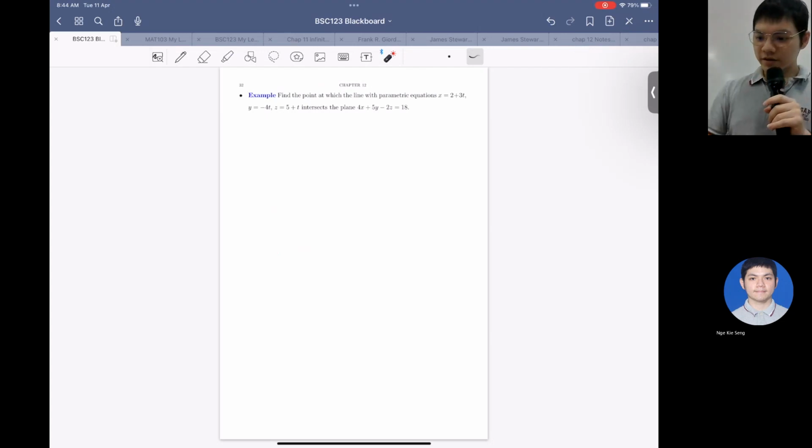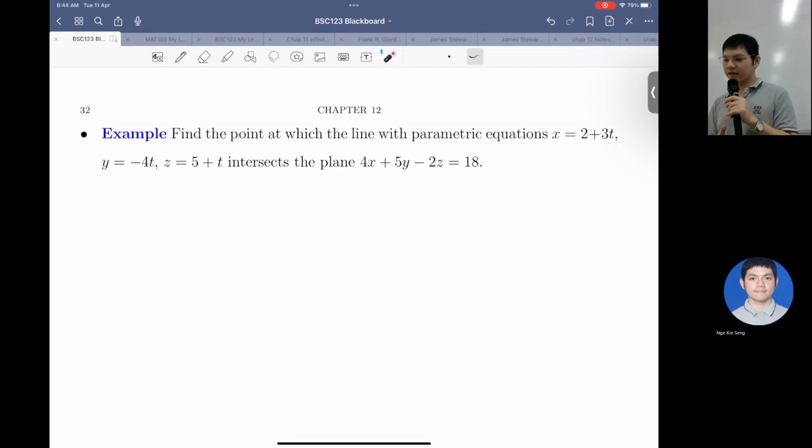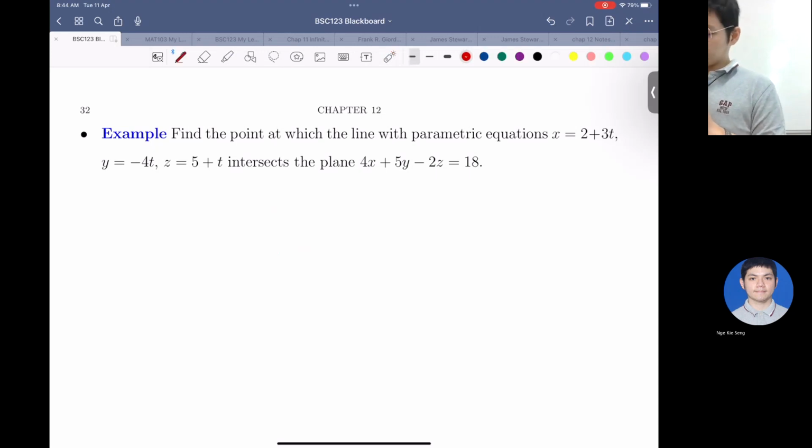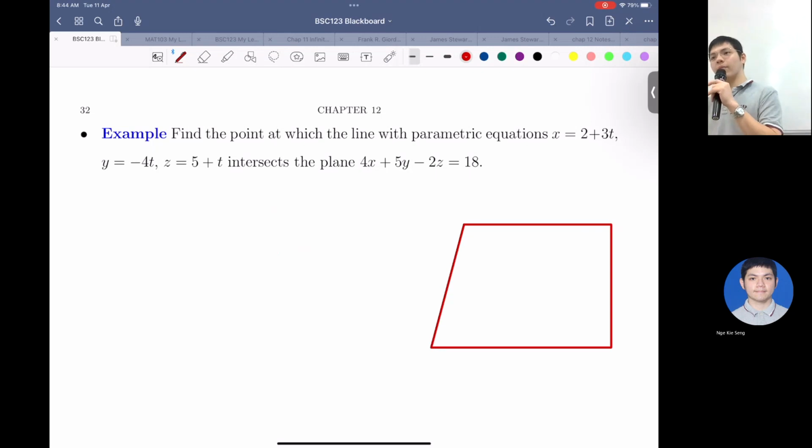So let's look at this question here. So the change question again. Find the point at which the line with parametric equation intersects the plane. Let's draw this picture. So you've got a plane. In your mind, your plane should have a point and a normal vector, because you already got the equation.